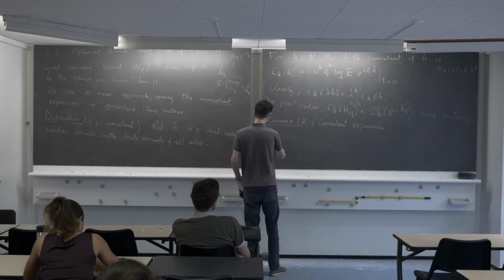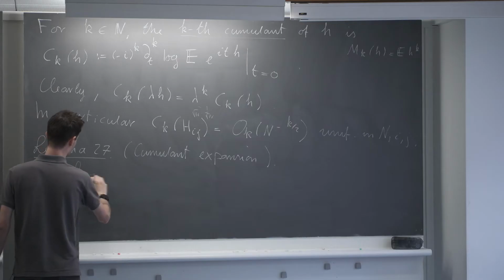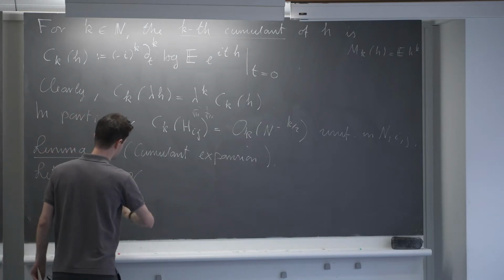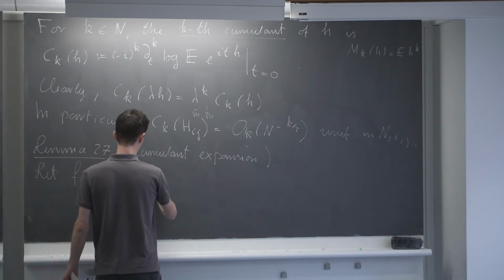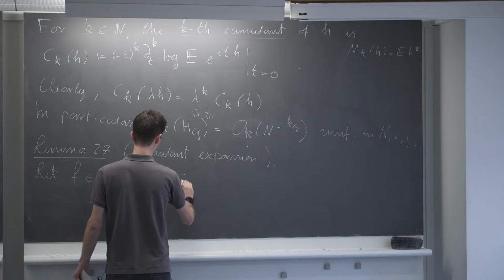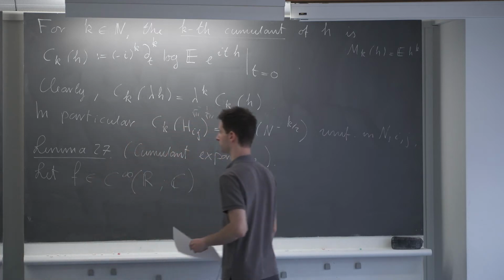So the formula is the following. Let me take a C^k function, well, in general, I just need a C^k function, but let me just take a C infinity function on the reals, and it can be complex valued.